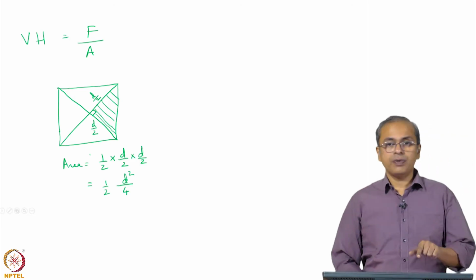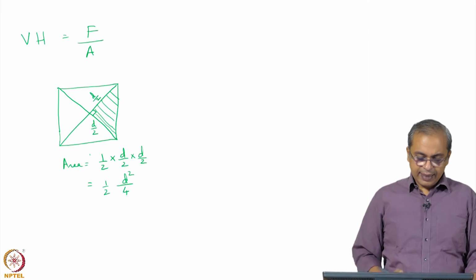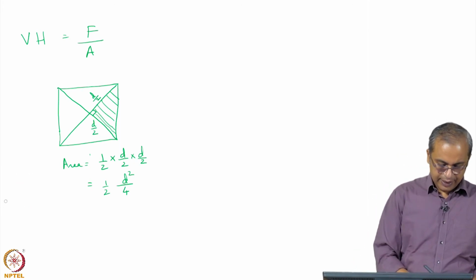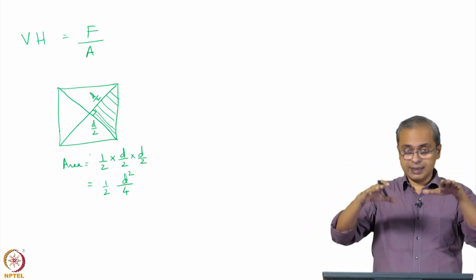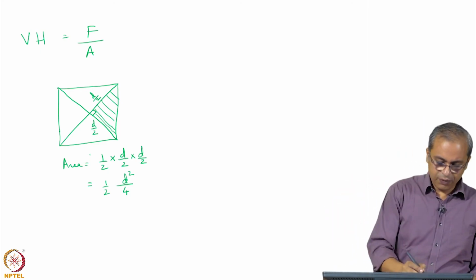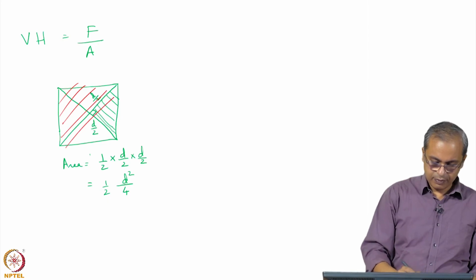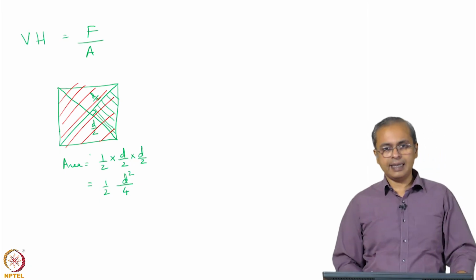That is the area of that one triangle that I have shaded there, and therefore, if you look at the area of the entire indentation, this is just the plan area of it without looking at the shape of the indentation, simply looking at it vertically downwards. If you take the area of this entire thing, clearly that is simply 4 times the area of the small triangle that we have there.